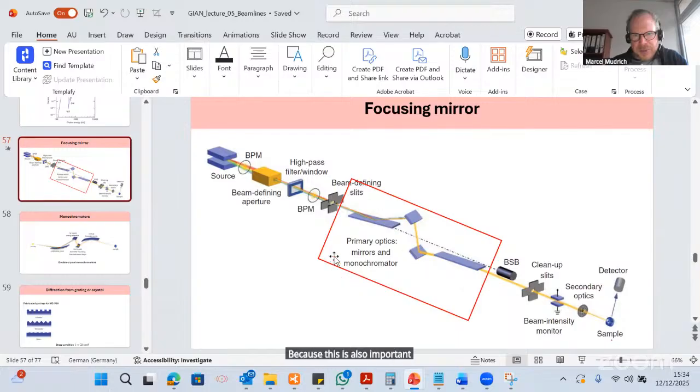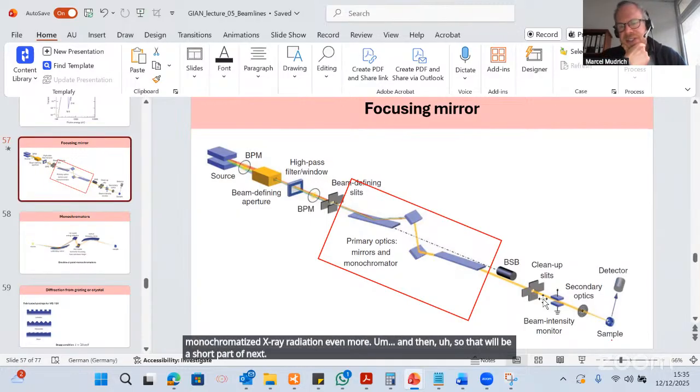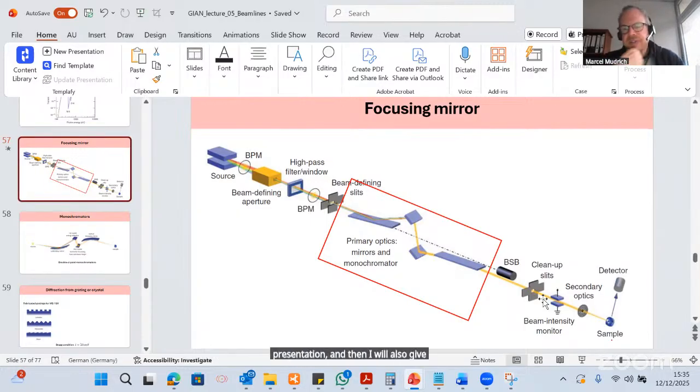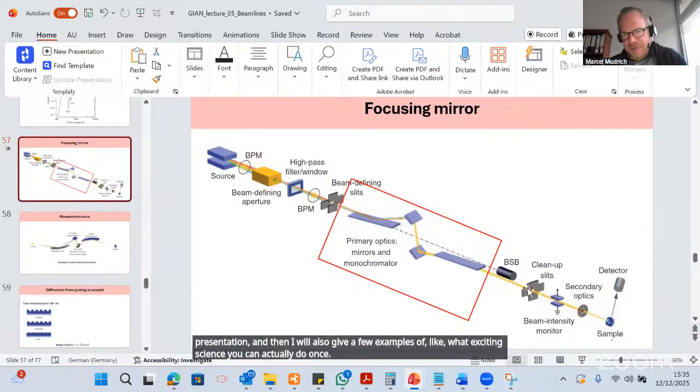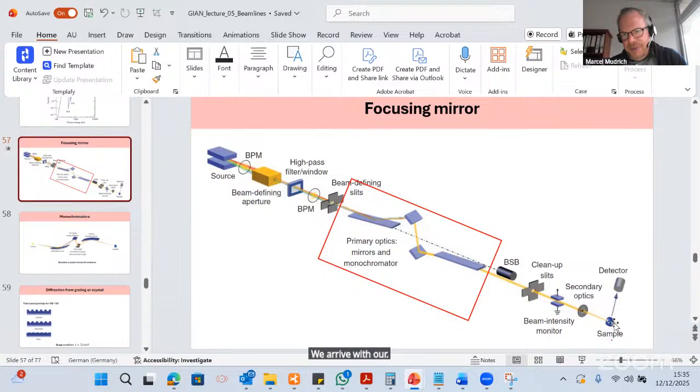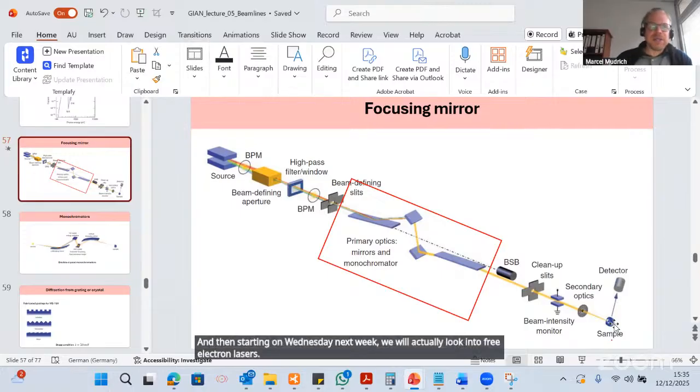Like, how do we monochromatize X-ray radiation even more? So that will be a short part of the next presentation. And then I will also give a few examples of what exciting science you can actually do once we arrive with our X-ray beam up to the sample. And then starting on Wednesday next week, we will actually look into free electron lasers. So that's the plan for now.